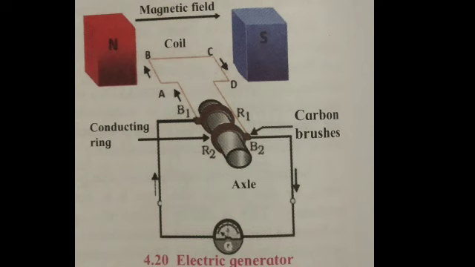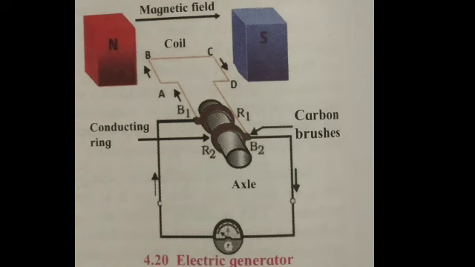See in the diagram, copper wire coil ABCD kept between the two pole pieces of magnet. The two ends of the coil are connected to the conducting rings R1 and R2 via carbon brushes.